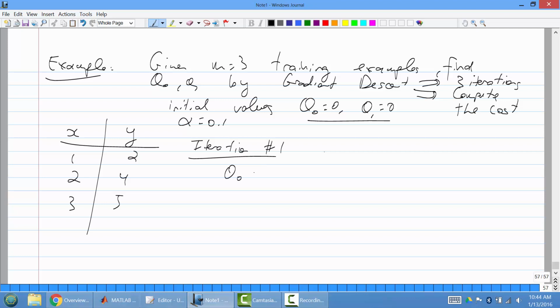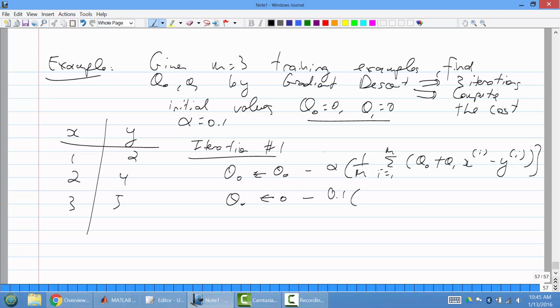So theta 0 is what? It's theta 0 minus alpha, and then 1 over m. Okay, so let's substitute stuff. So the initial was 0, right? So this is 0 minus the learning rate, which was 0.1, and then m was 3, and then we need to sum over this.